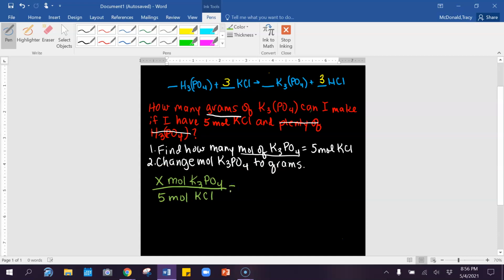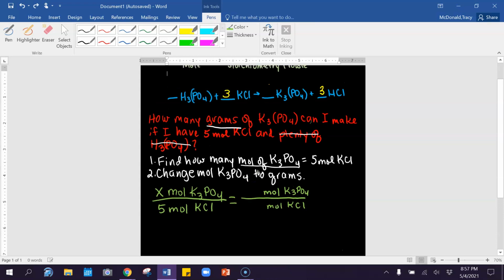Now I need to make this equal to moles of K3PO4 on top. Remember that we don't switch where we've written our units. And I'm going to write moles of KCl on the bottom. Now, what numbers do I need to put here? Well, those numbers are my mole ratio, and you should remember that term from the previous problem.